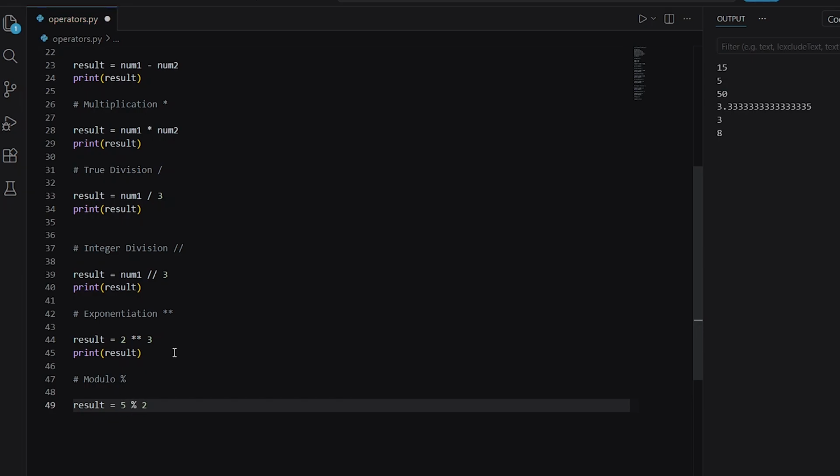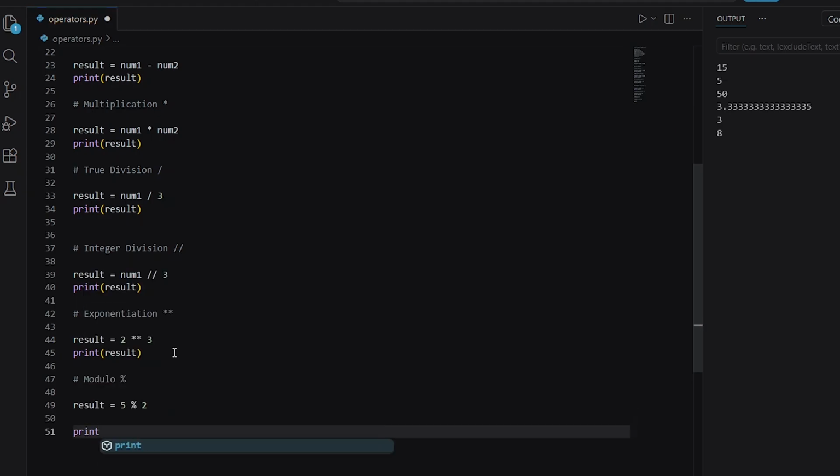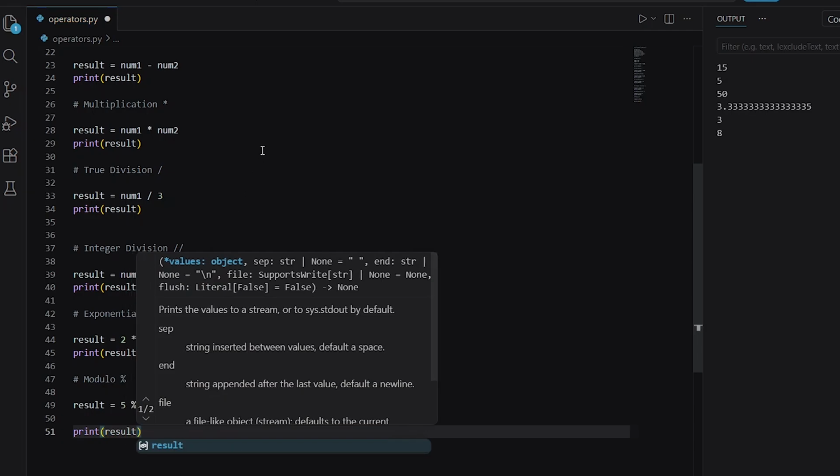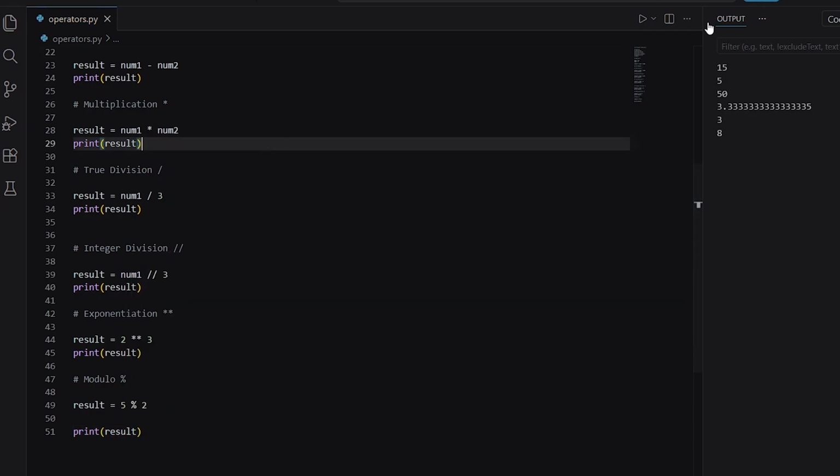What this means is, what is the remainder when you divide 5 by 2? So when 5 is divided by 2, we're going to get 2 remainder 1. That remainder is what we call the modulo. And so we have print result. We'll run it. As you can see, we have 1.